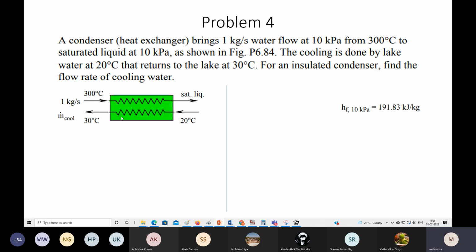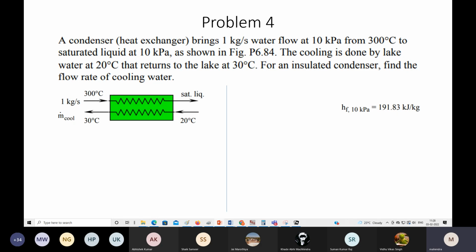Because of that, this water reaches 30 degrees centigrade. That means the problem asks you to calculate the mass flow rate of this to achieve this particular condition.